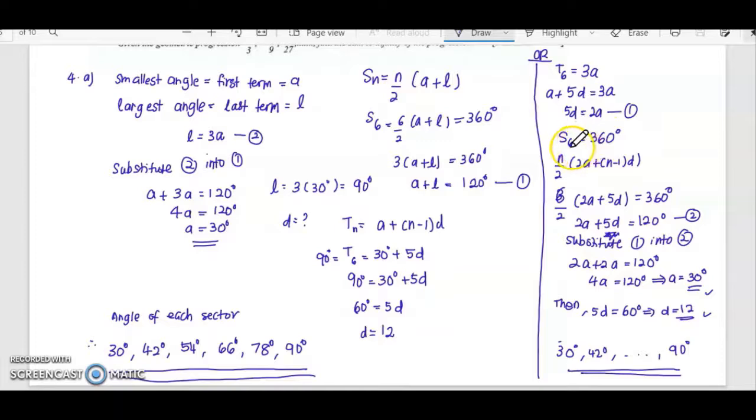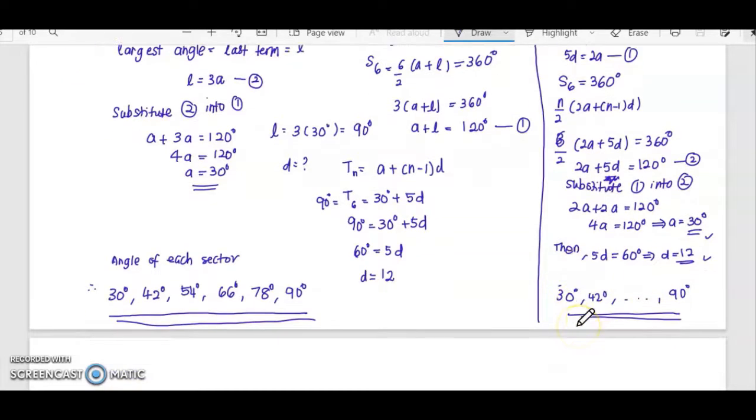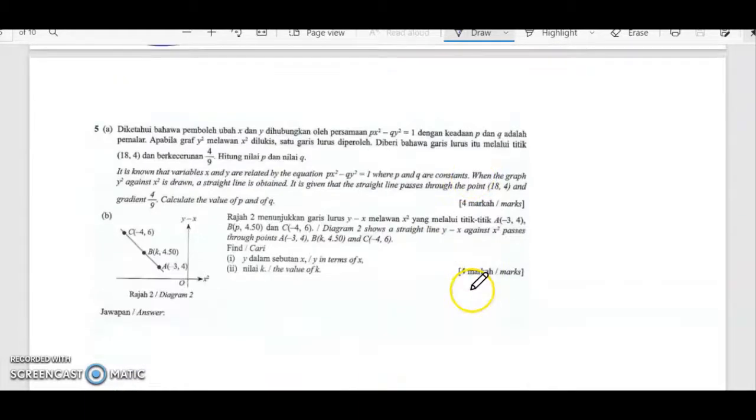And then untuk S6 equal to 360, kita guna formula untuk sum of the first n terms for arithmetic progression. Okay, and then kita substitute lah formula. Kita substitute equation 1 tadi kepada equation 2, and we get A equal to 30, and then we get D equal to 12, and terus tambah. Lagi senang kan? Mana pun boleh as long as awak dapat jawapan yang betul. Okay, so we get to question number 5.